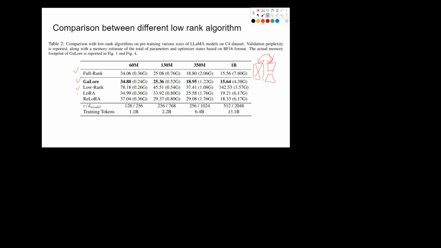Okay, and the LoRA and the ReLoRA. In those comparisons, you can see that GaLore gets the highest performance in all configurations, but actually uses much less memory compared to the other algorithms.